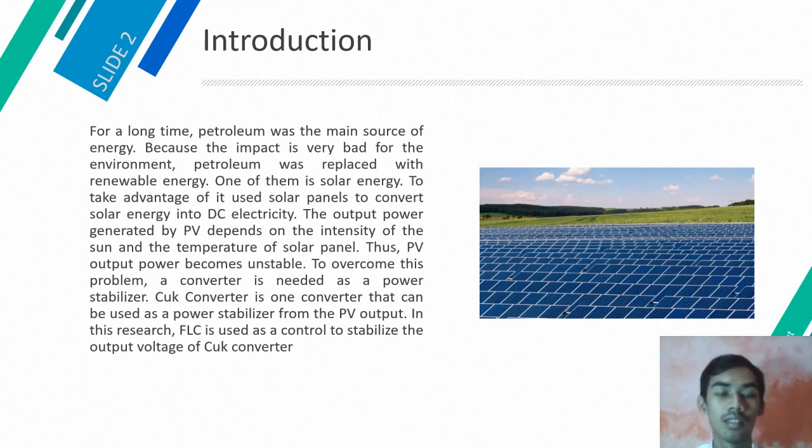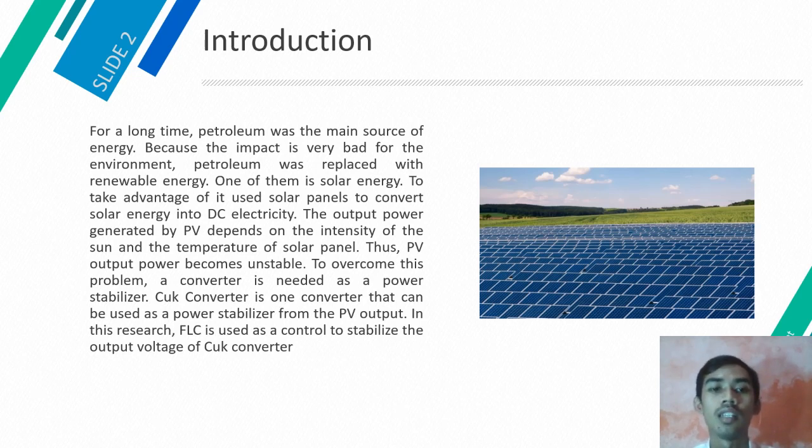This introduction is to explain why this paper was made. For a long time, petroleum was the main source of energy. Because the impact is very bad for the environment, petroleum was replaced with renewable energy. One of them is solar energy.